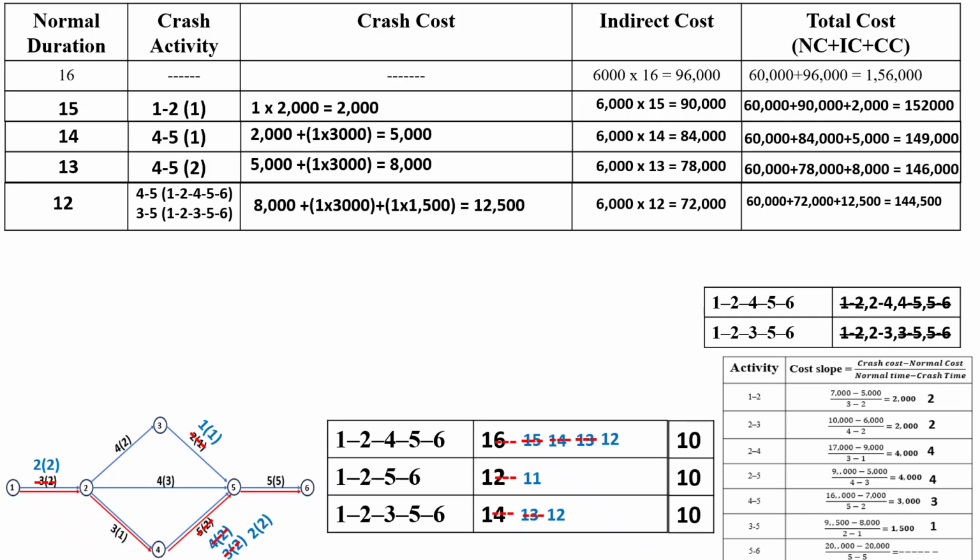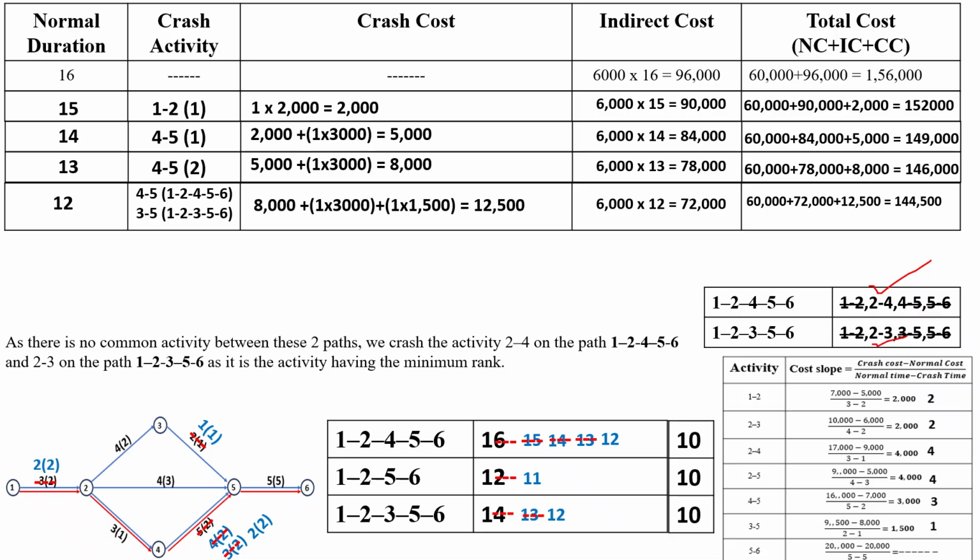One more thing you have to observe: in path 1, 2, 4, 5, 6, there is only one activity remaining for crashing, that is 2 to 4. Similarly, in path 1, 2, 3, 5, 6, there is only one activity remaining for crashing, that is 2 to 3.